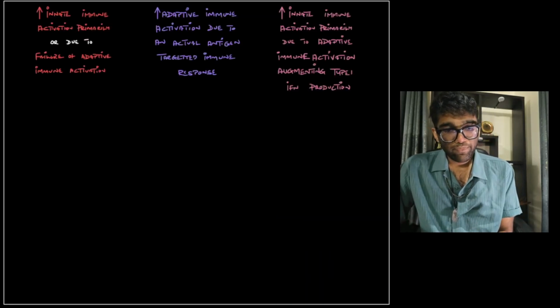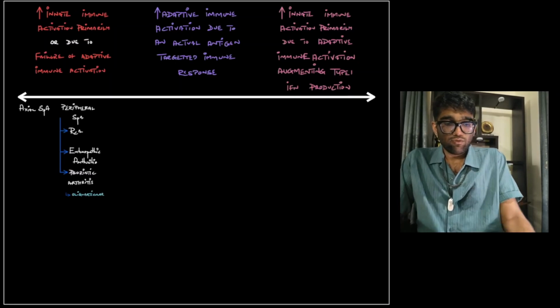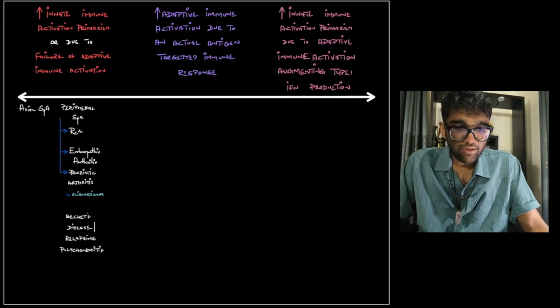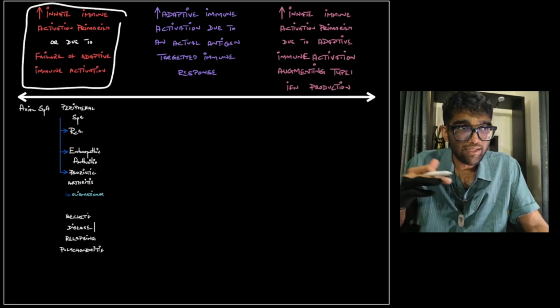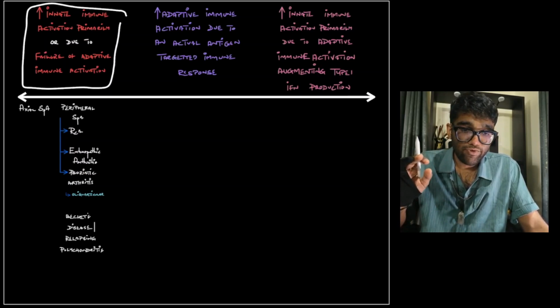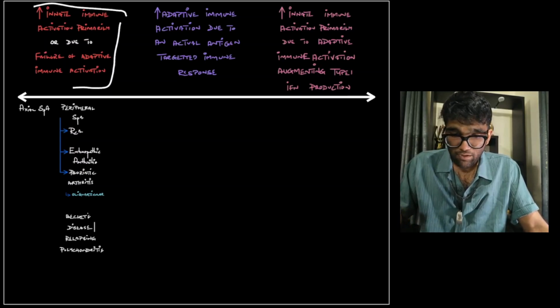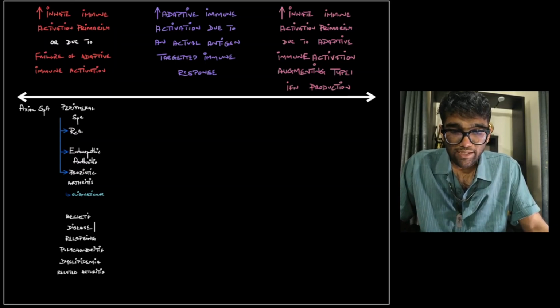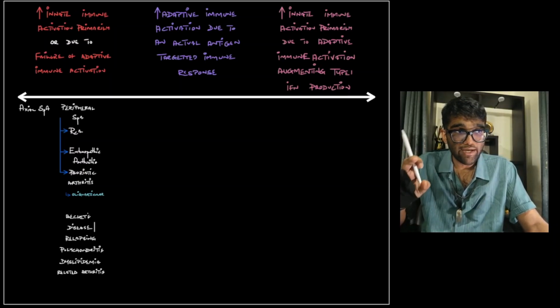Okay, now this is the spectrum of immunological disorders that we had derived previously. So this spectrum included increased innate immune activation, either due to a primary defect in the innate immune system resulting in a lower threshold for activation, or a failure of Th17 to Th1 polarization, which resulted in a Th17 mediated secondary activation of the innate immune system, or it could be due to increased adaptive immune activation due to a targeted response against a specific antigen.